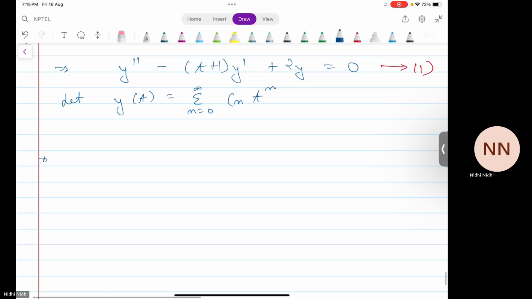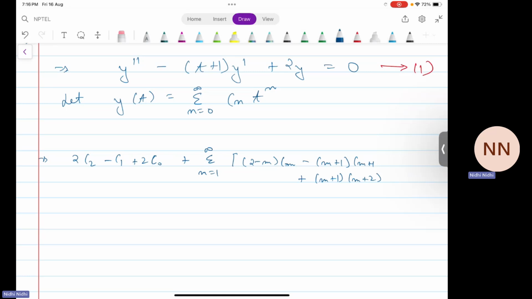We'll get 2c2 minus c1 plus 2c0 plus summation m from 1 to infinity of (m minus 2) c_m minus (m plus 1) c_(m+1) plus (m plus 1)(m plus 2) c_(m+2) times t to the power m equals 0.